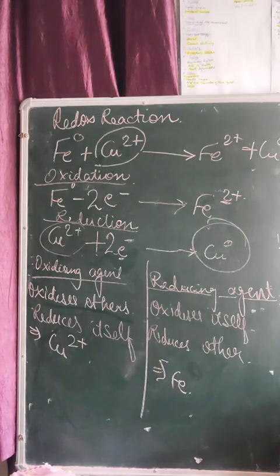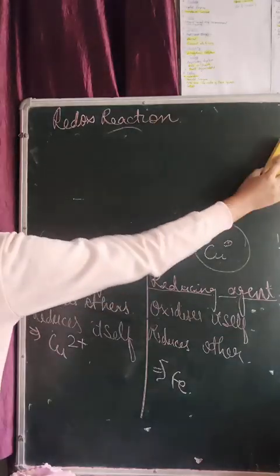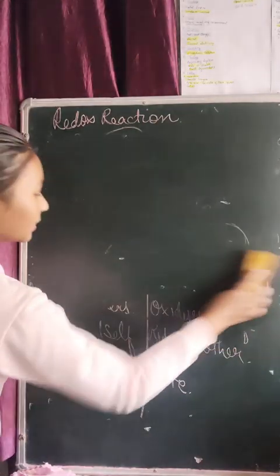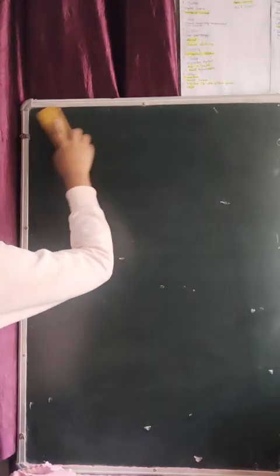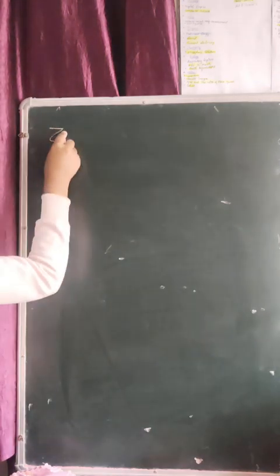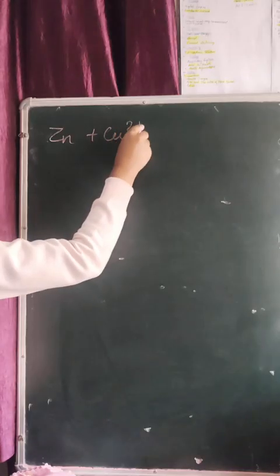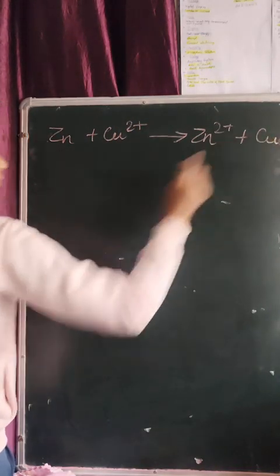Now I'll take one more example: Zn plus Cu2+ gives Zn2+ plus Cu.